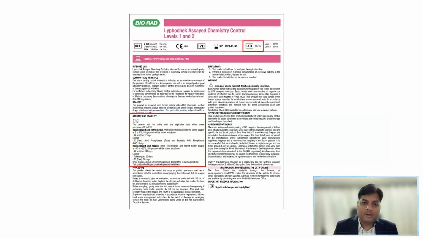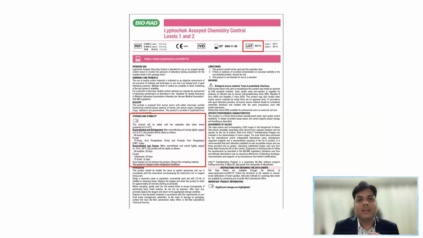So if you read with me what is written here, it says that after reconstituting and storing tightly capped at 2 to 8 degrees, this product will be stable as follows. All parameters or all analytes will be stable only for 7 days, except free T3, acid phosphatase total, and prostatic acid phosphatase, which will be stable only for 3 days.